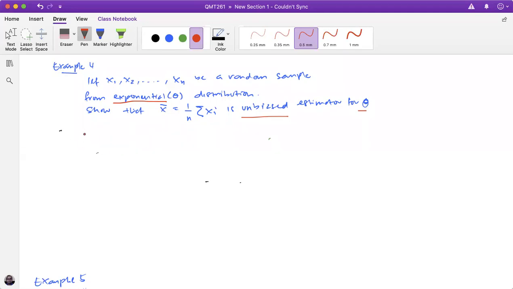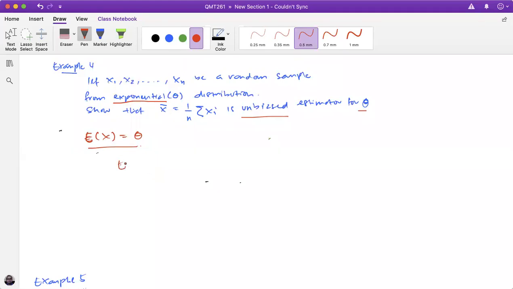The expected value of x for exponential distribution is theta, and the variance of x for exponential distribution is, I think, theta squared. I'm not sure, but it's okay. But we're not going to use variance. We're going to use expected value of x.